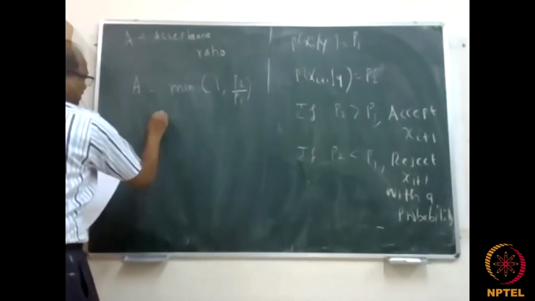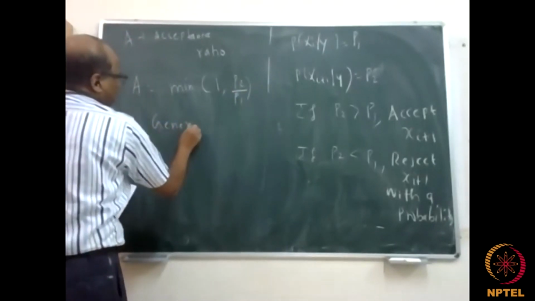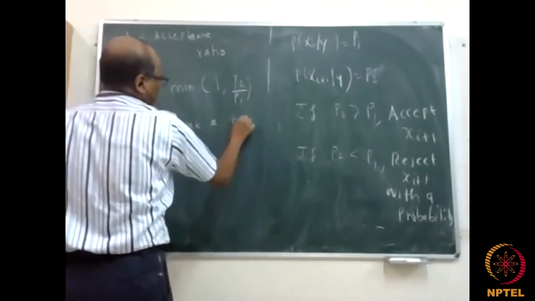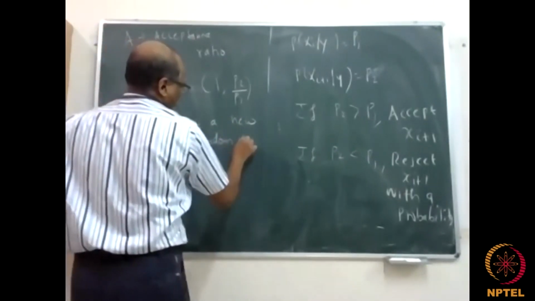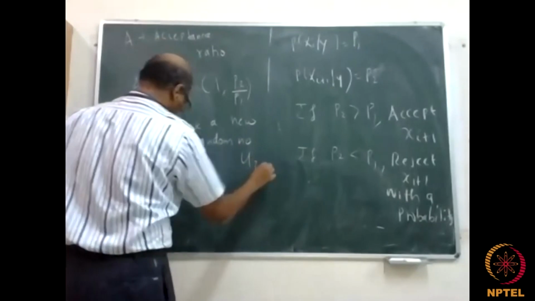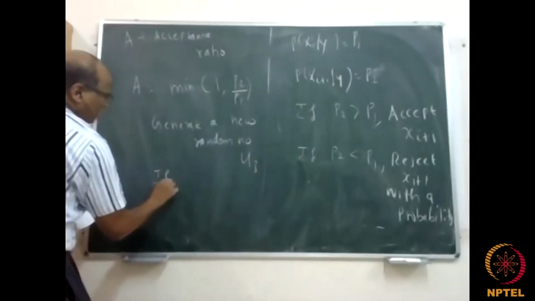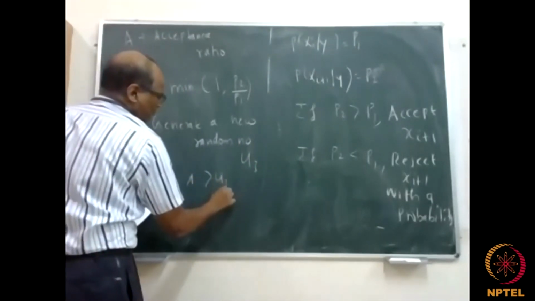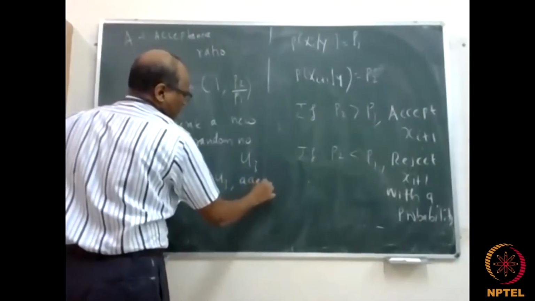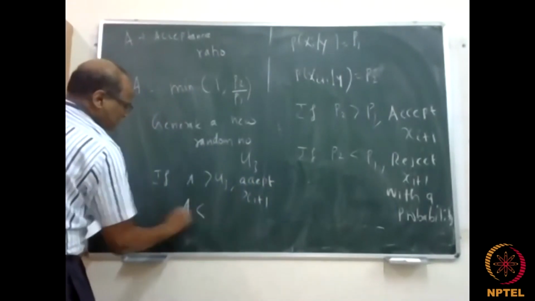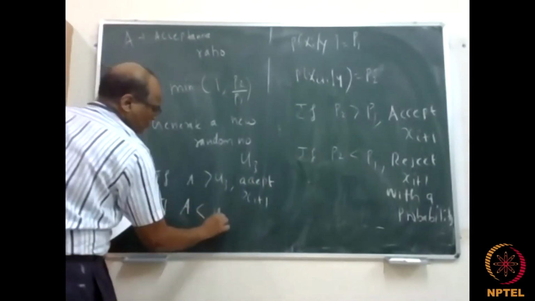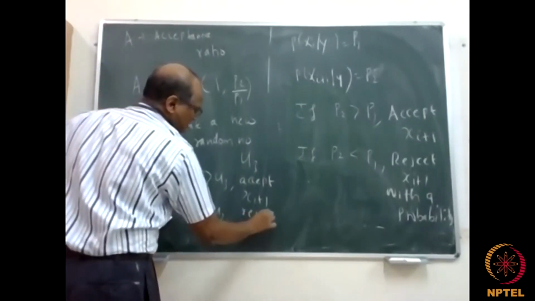Okay. Generate a new random number, let's say U3. If A is greater than U3, accept xi plus 1. If A is less than U3, reject xi plus 1.